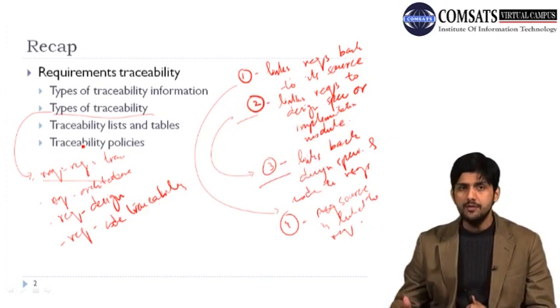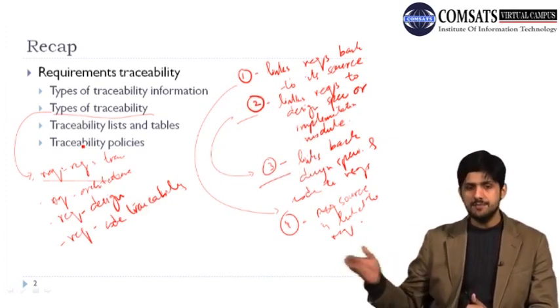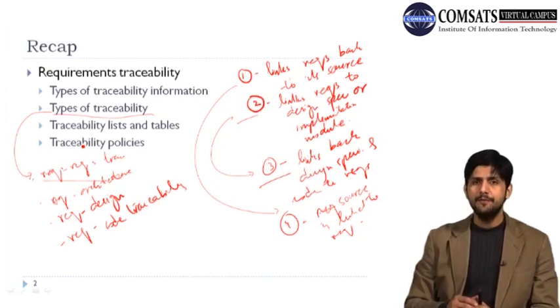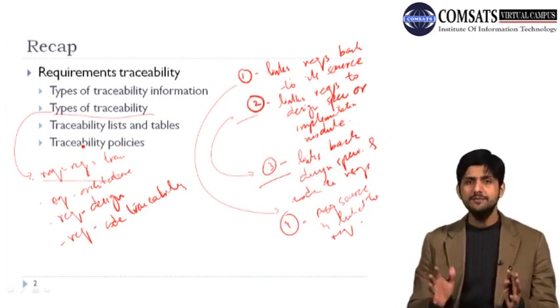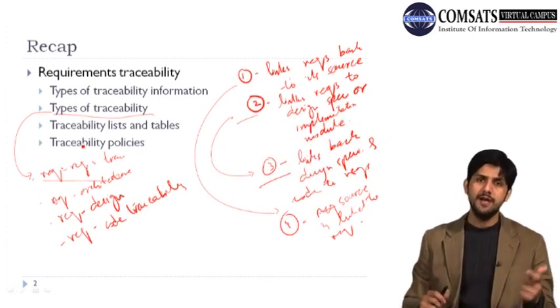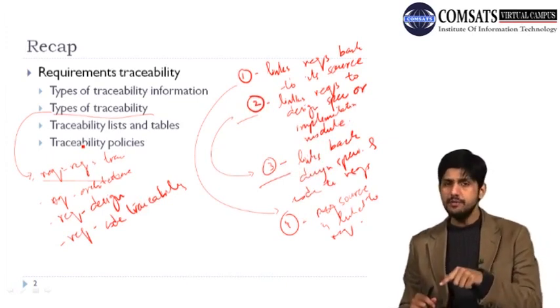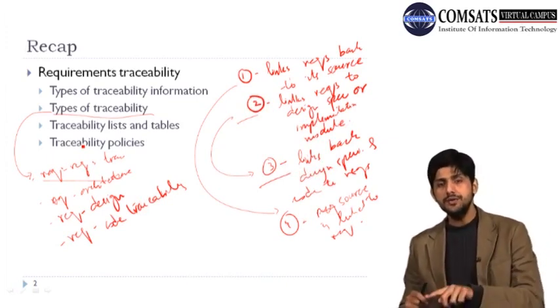If we have so many requirements, and obviously these requirements are then translated into design, the design specification would also be huge. So we might have multiple tables where this traceability information is distributed. For example, we can make one table which has requirement traceability, another table which has requirement design traceability, and another which has design code traceability.